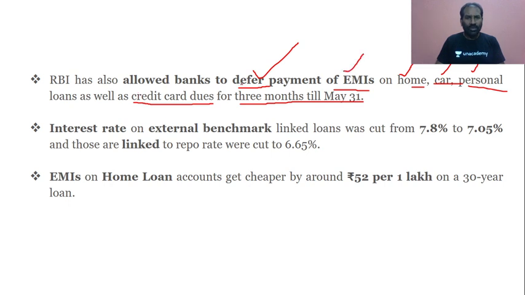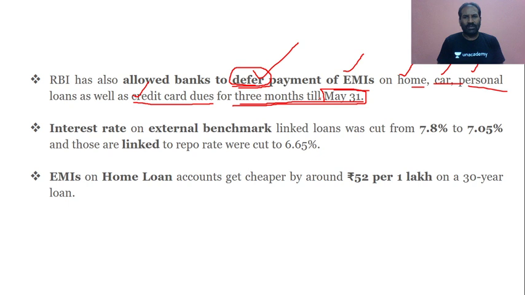So these loans are being deferred, in the sense that they have been postponed or rescheduled, and even the credit card dues can be postponed for another 3 months, till May 31. That means if I am unable to pay the EMI for my home loan scheduled for next month, April, I can reschedule it to a further month.